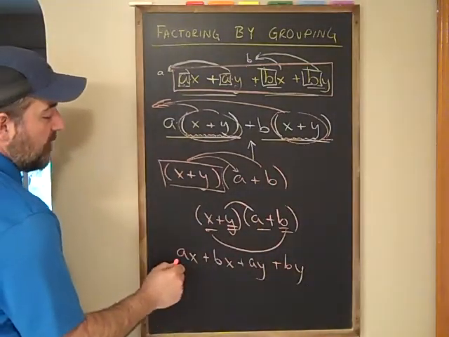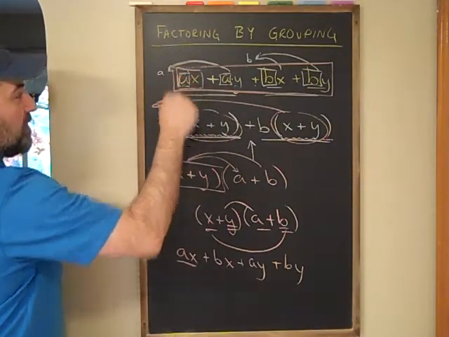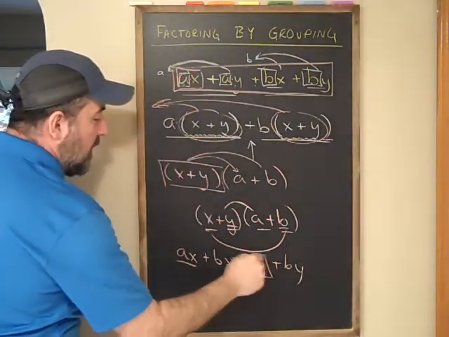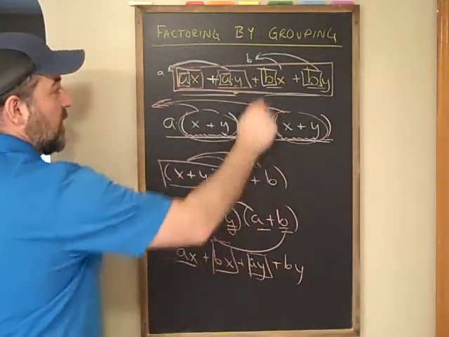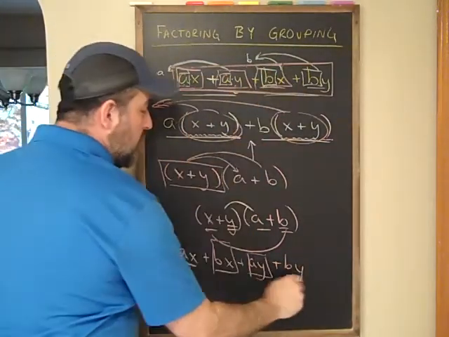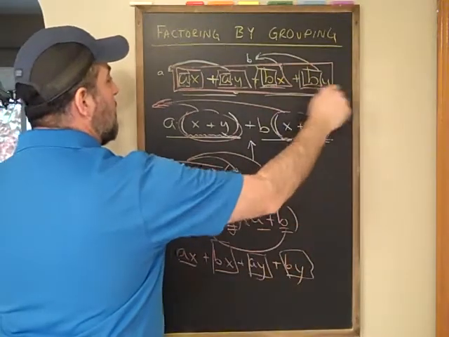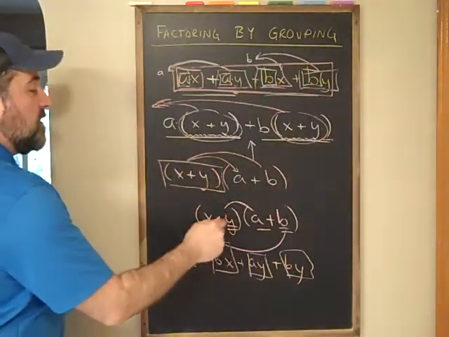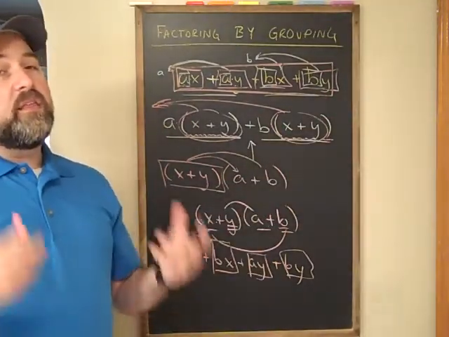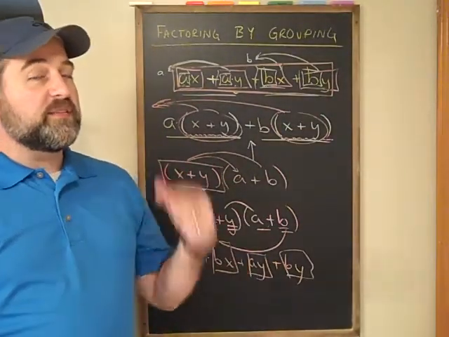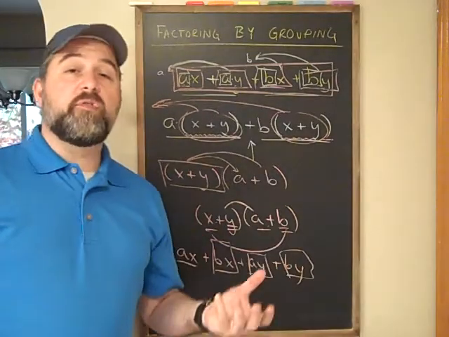Now look, we have an ax, an ay, a bx, and a by. You see that the product of those two binomials is that four-term polynomial. That's how you use factoring by grouping in this lesson. We're going to take a look at a few examples now.